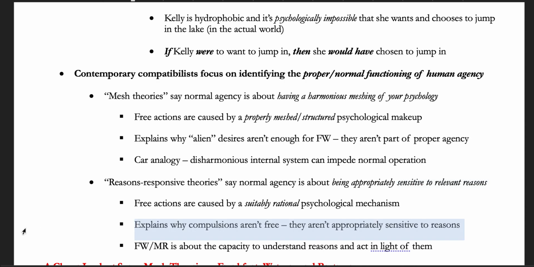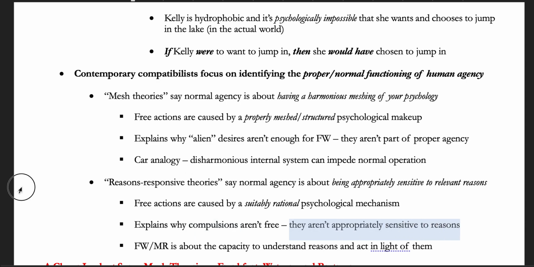So this explains why, for instance, compulsions are not free. If you're completely compelled to do something, and even if we gave you a bunch of really good reasons not to do it and you understood them, you would still do it anyway, that seems like you're not free. The reasons responsiveness theory can easily explain this: the psychological mechanism producing your action is suffering from compulsion or too much influence by a craving, and that mechanism is not appropriately sensitive to reasons.